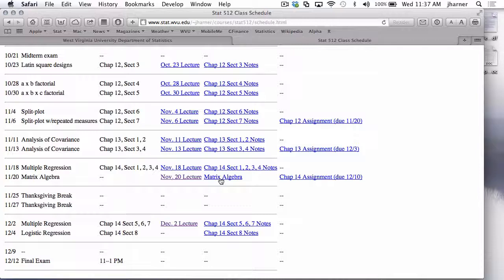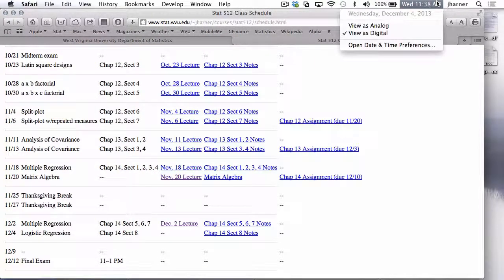But part of the time will be reviewing and also perhaps looking at some of the assignment problems, but also discussing what will be on the final exam, which will be on the 12th. Today's the 4th, so it's Thursday of next week, the final.